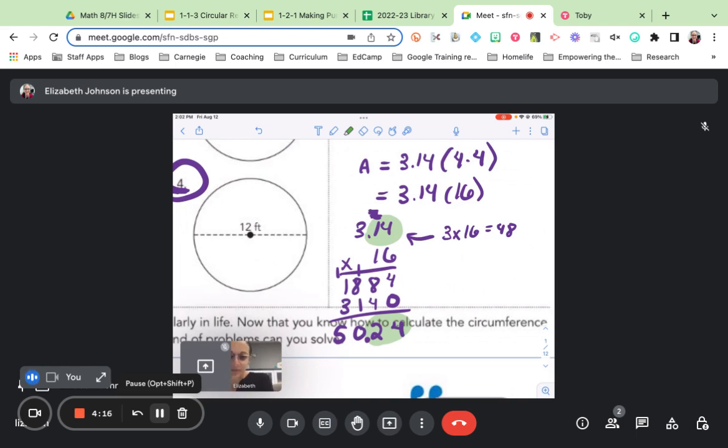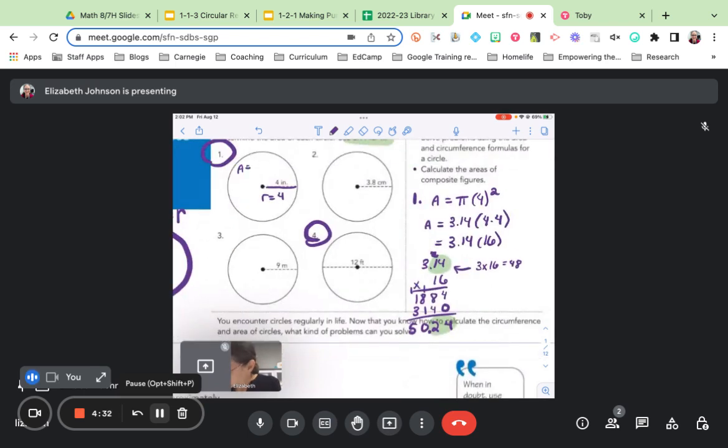Remember, when we're multiplying decimals, we're not lining them up. Instead, we're counting the number of decimal places in the factors and being sure that it matches the number in the products. Okay, so I have found the area of this circle in number 1. I can write that the area is equal to 50.24, or 50 and 24 hundredths square inches.